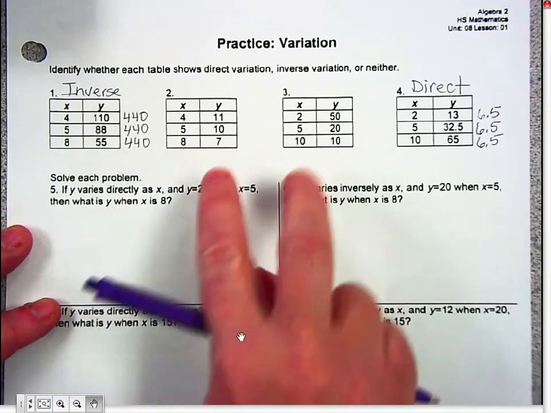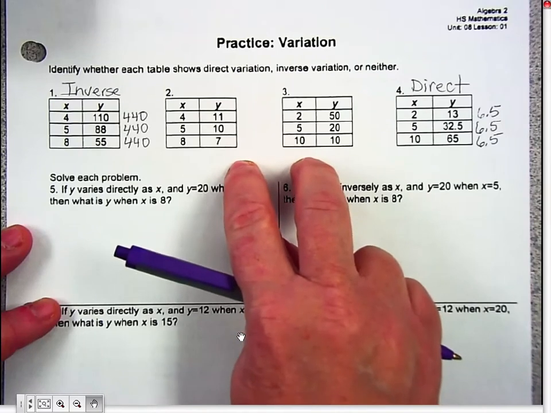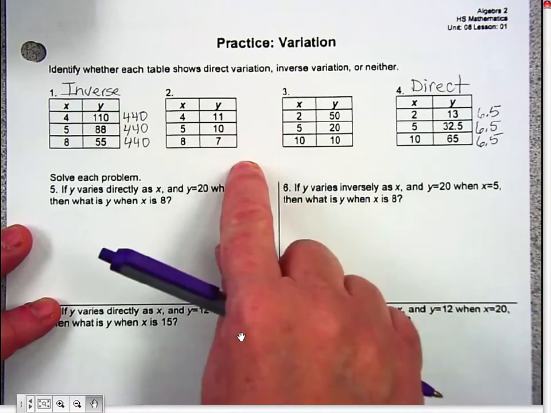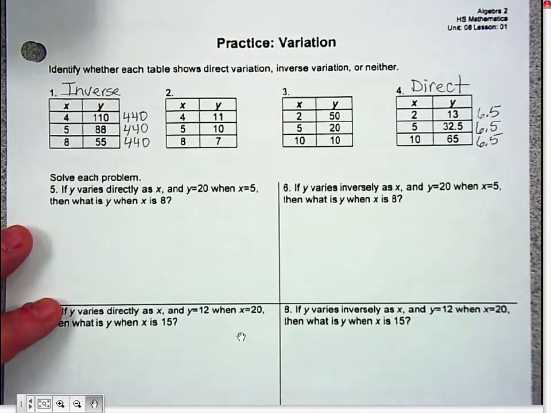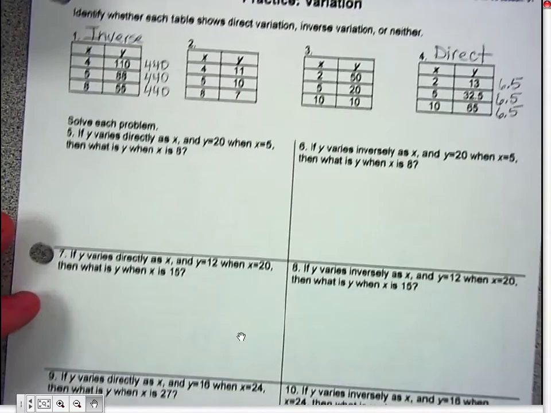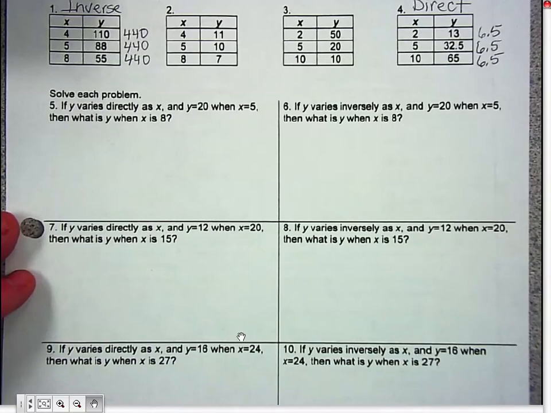Okay, so you're going to check these two in a minute. All these ones can only be inverse, right? So you'll check to see if they're inverse or not. And then number 5 and 6, all the rest of these are like the examples we did in your notes.